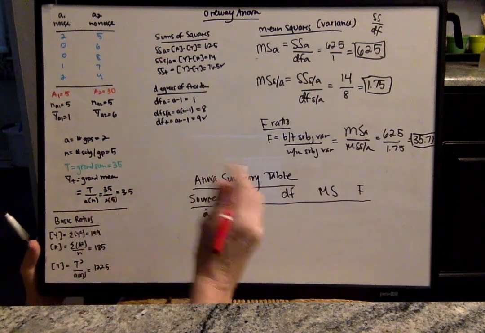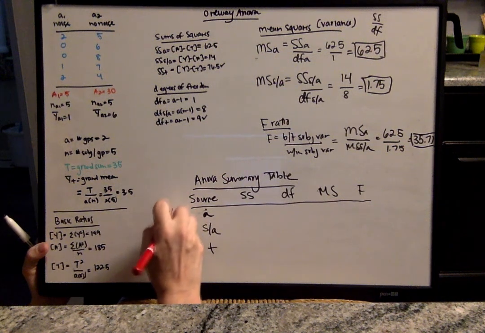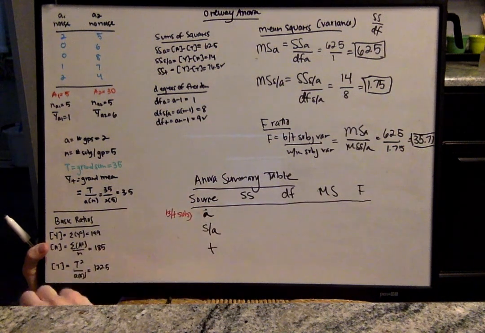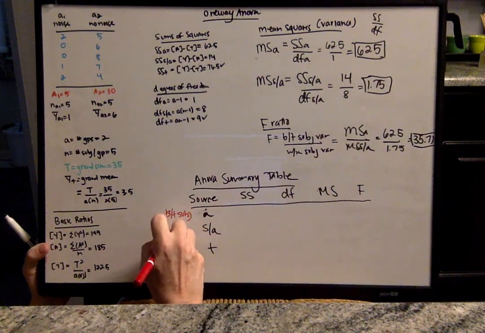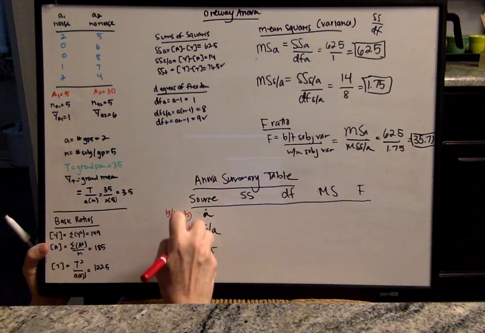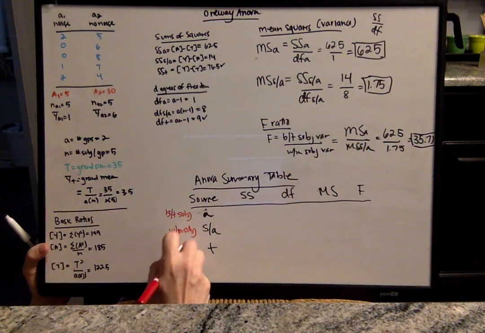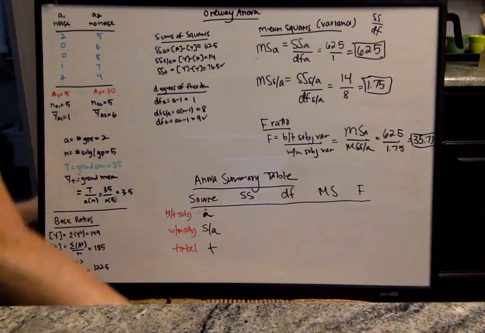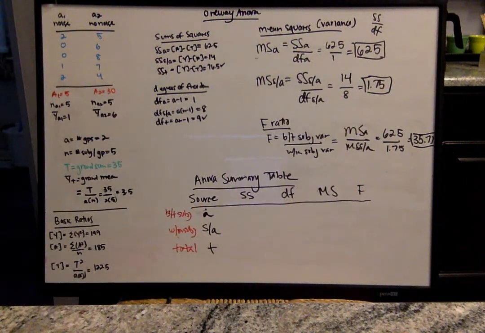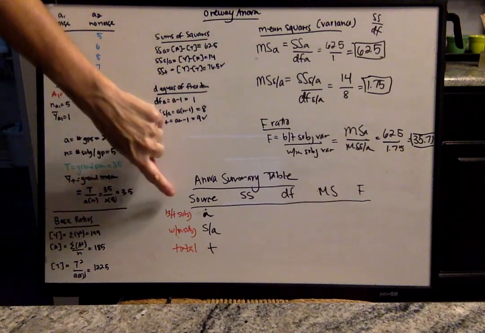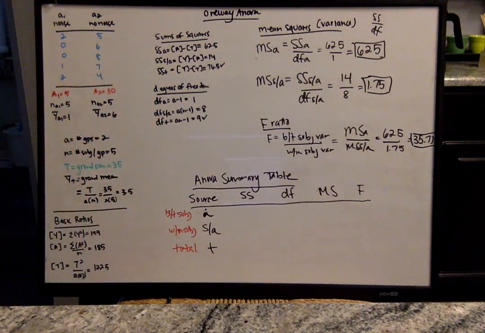But just a reminder of what these things are. A is our between subjects. S over A is our within subjects. And T is our total. So that's essentially what those three rows are referring to: our between subjects, our within subjects, and our total.